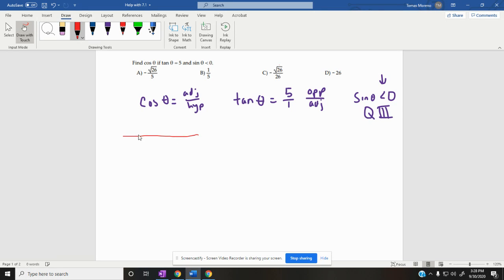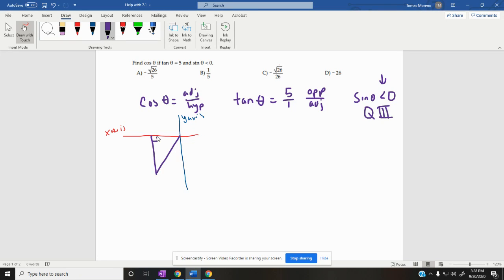So we have our x-axis, and then we're going to have our y-axis, and I'm going to draw quadrant 3 because we just figured out that it was quadrant 3. Now I'm going to draw my triangle, right? So I have my triangle like this.